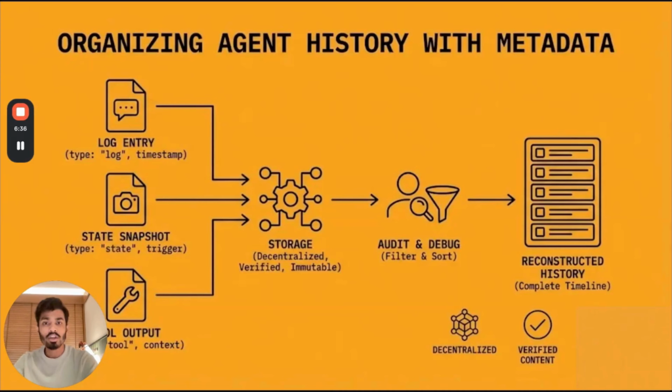When something goes wrong and you need to debug, or when someone needs to audit what the agent did, you can just list the pieces, filter by type, sort by time. You have got a complete reconstruction. The storage is decentralized, the contract is verified, and the history can't be silently rewritten. That's exactly what we have dreamed of for a decentralized AI agents economy.